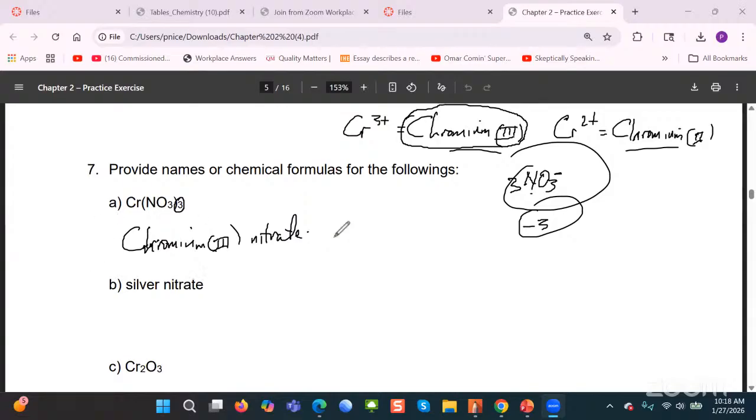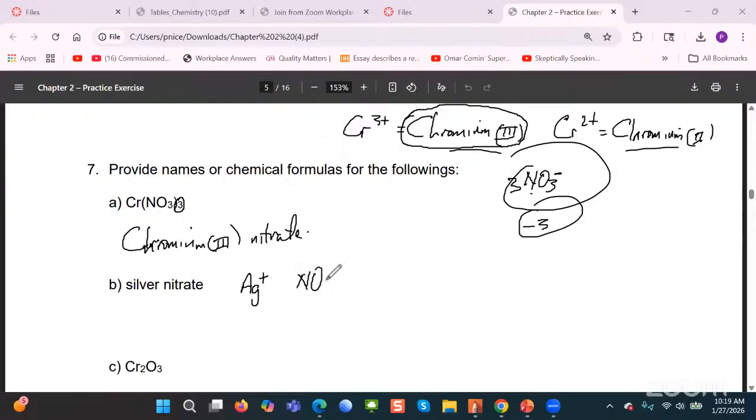In the case of B, they gave you the name, which is silver nitrate. So again, you're going to use a table. You consult the table and look up the formula for the silver ion, and you see that it is Ag plus. And then you look up the formula for the NO3 minus ion.